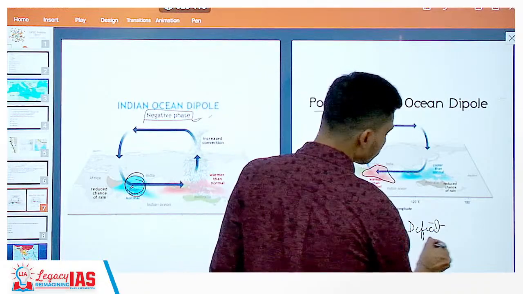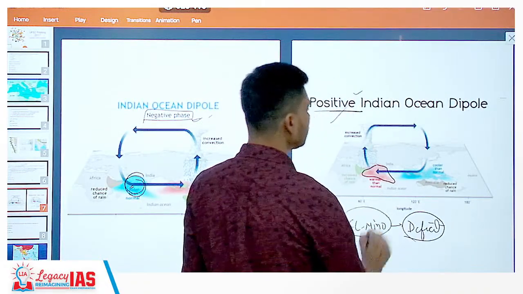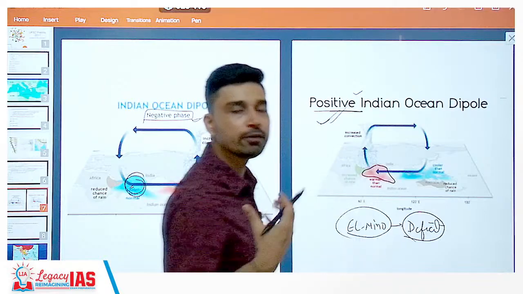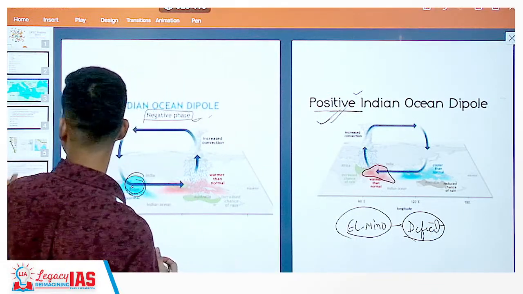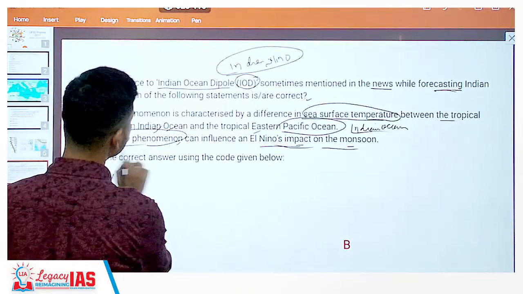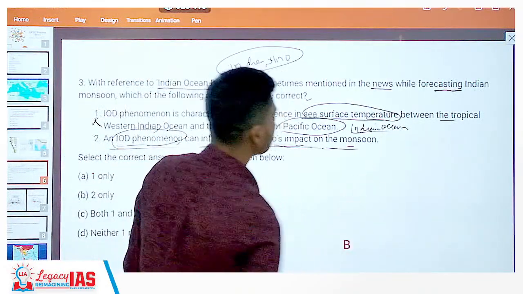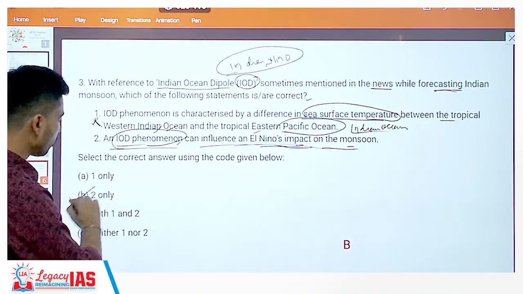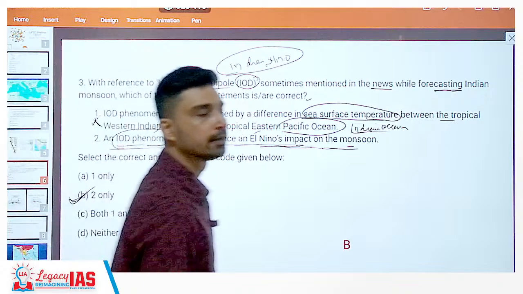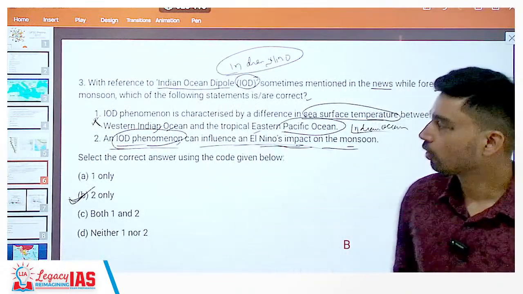So the deficit monsoon due to El Nino will be compensated by the higher rainfall recorded during the positive phase of IOD. Due to this factor, we can definitely say that the IOD phenomenon can influence an El Nino's impact on the monsoon, and due to this reason the correct option here will be B, that is 2 only.